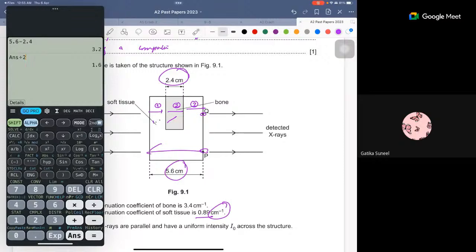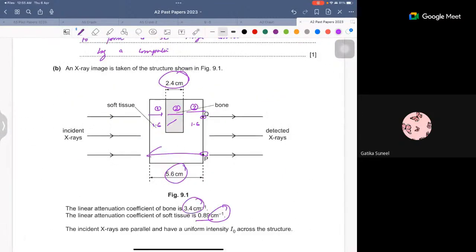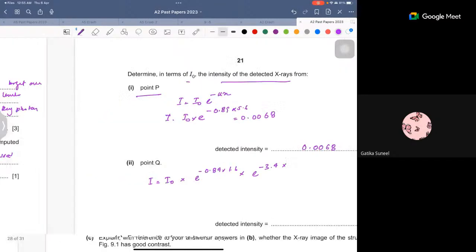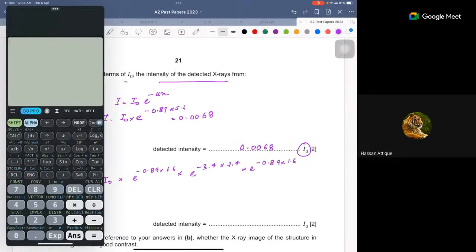It means this is 1.6, and that's also 1.6. Now bone has 3.4, so e to the minus 3.4 times 2.4. And in the third section, it goes through the soft tissue again. Now just multiply every factor together and you're good to go.